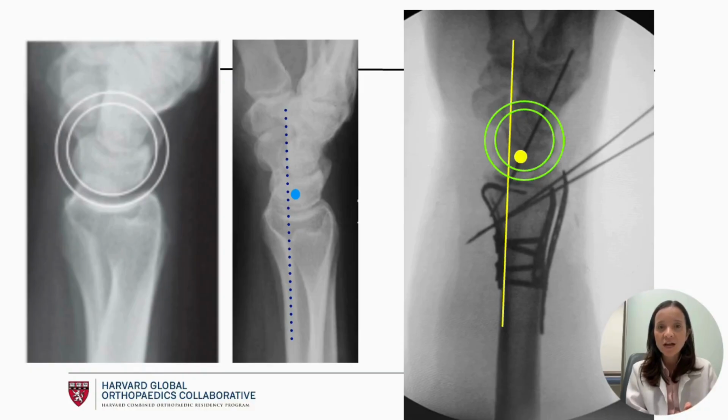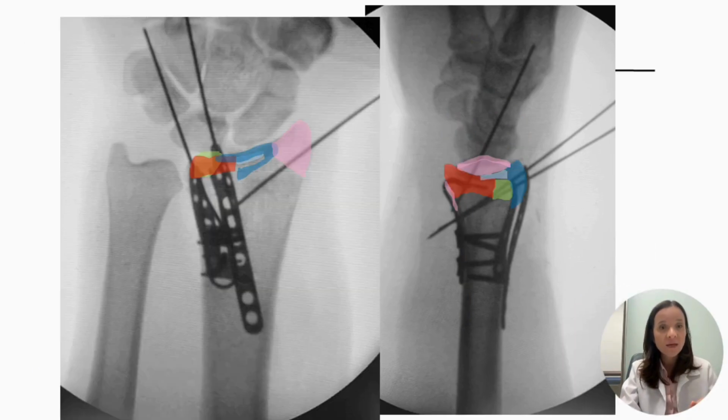At this point, we evaluate the correction of the radiocarpal alignment. A tangential line drawn from the volar cortex should pass just anterior to the center of the lunate, and 2 concentric circles should form, prolonging the distal radius and proximal lunate articular surface.